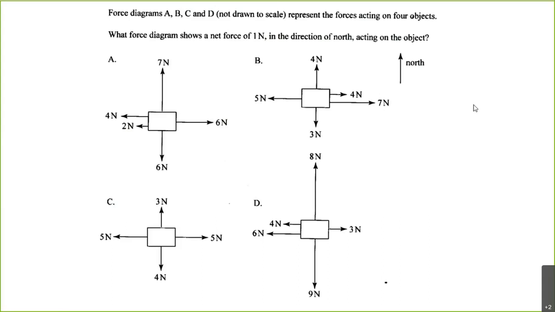Which one of these force diagrams will have a resultant force or leftover force of 1 Newton pointing up? Snake, what do you say? A, B, C, or D?